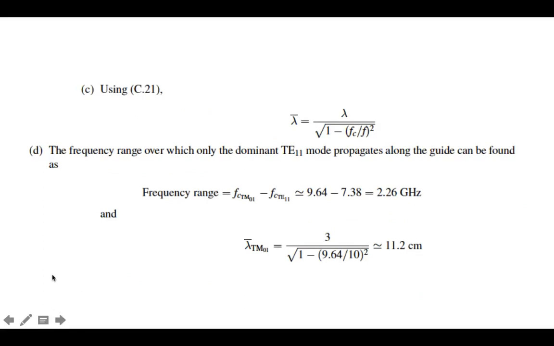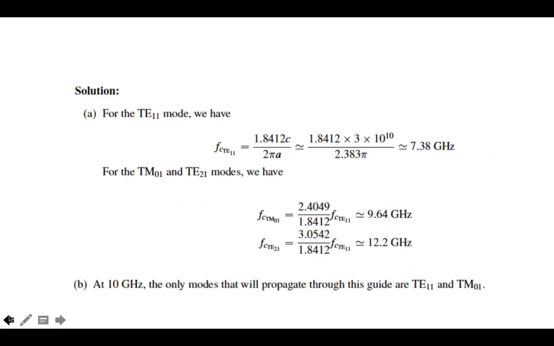So the next thing that we can do is, at 10 gigahertz, figure out which modes will propagate. Because that was the next question that was asked: what modes will propagate at 10 gigahertz? You see that there are two of these cutoff frequencies that are below 10 gigahertz.